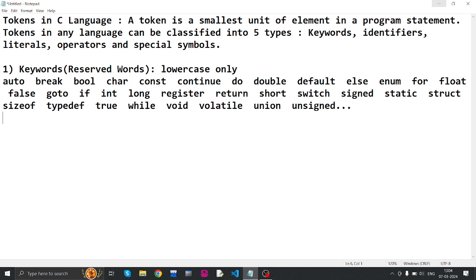Like that, different keywords are provided by C programming language.